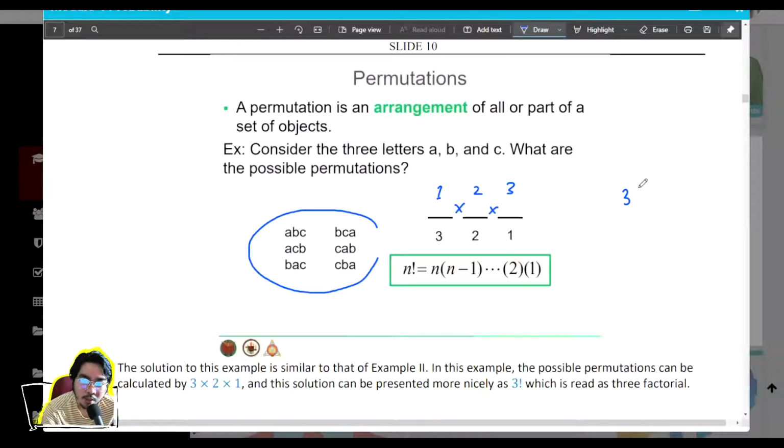So if we were to write this down, parang 3P3 yung notation natin dito, no? So that's nPr. So ang term natin is 3 taken, usually stated this way, no? Or read it this way: 3 taken 3 at a time. Okay?